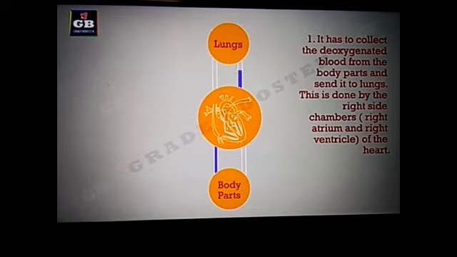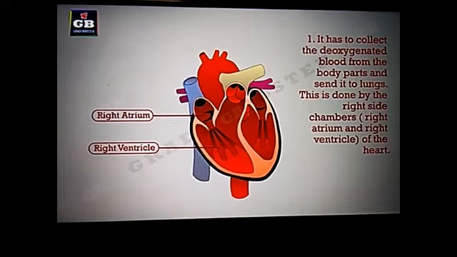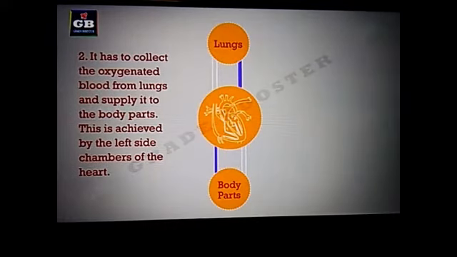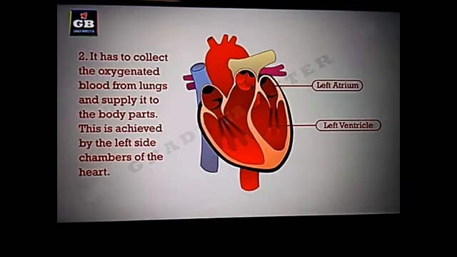This is done by the right side chambers, right atrium and right ventricle of the heart. Number 2, it has to collect the oxygenated blood from the lungs and supply it to the body parts. This is achieved by the left side chambers of the heart.